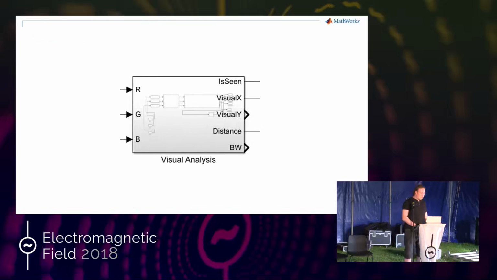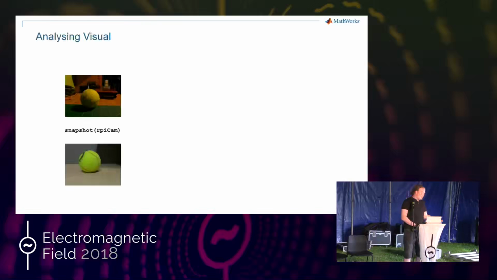The first one is visual analysis. How do you find a tennis ball in a video feed? If you do a Google search, you'll find a couple of algorithms. There are various different ways to cut it, but the simplest is to start off with a picture of a tennis ball. In this case, I've given you two, one with a different kind of lighting from the other. You can bring this into MATLAB using the snapshot function from the Raspberry Pi.